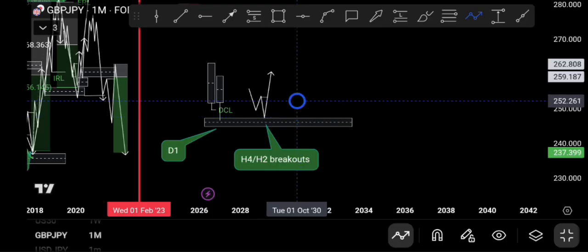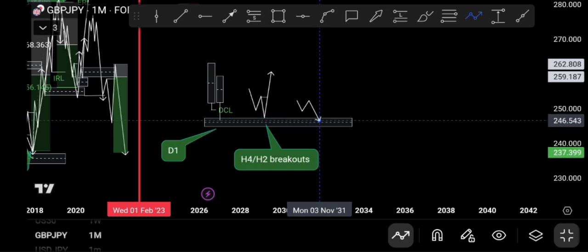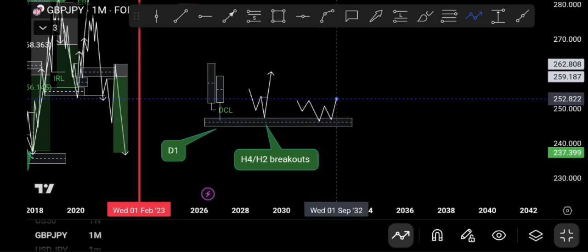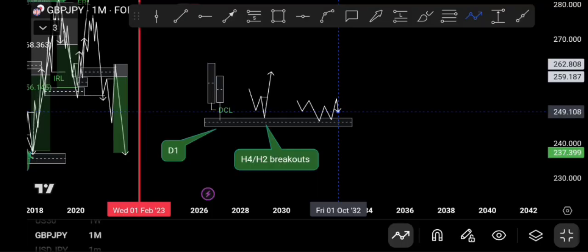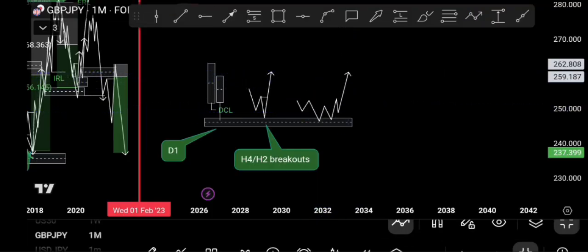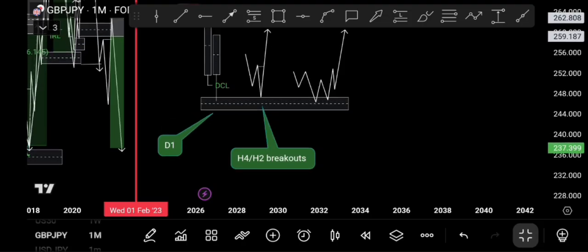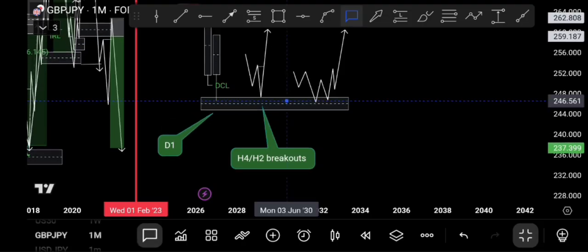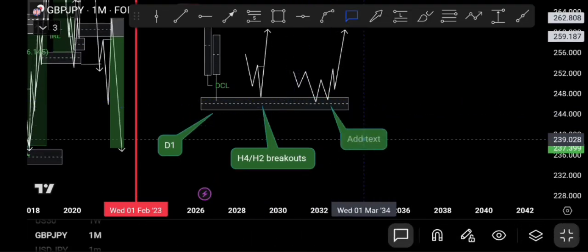This is it. We have this. Then we want to see this market structure shift and change of character. This is how to get a lower time frame confirmation.